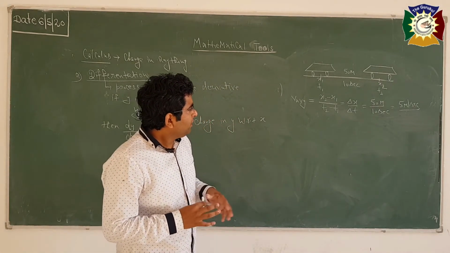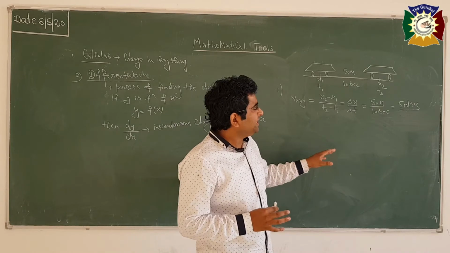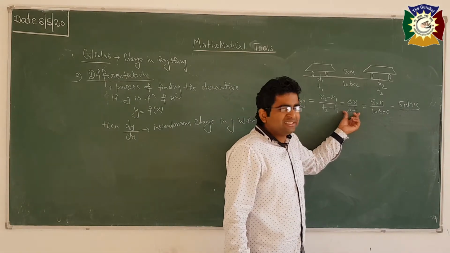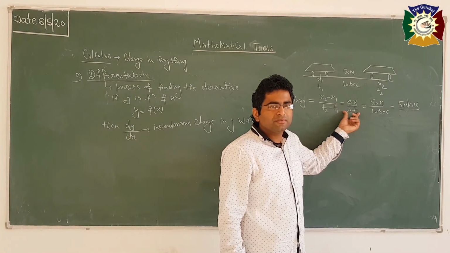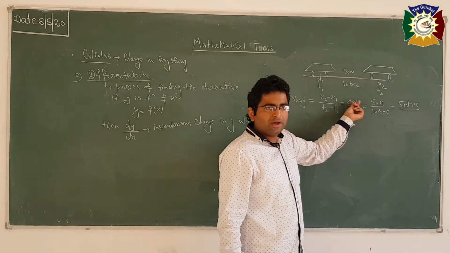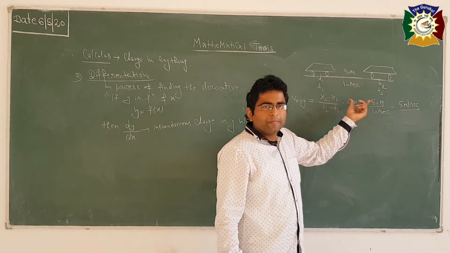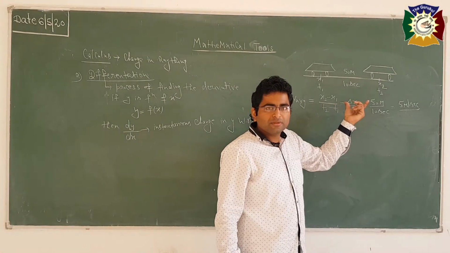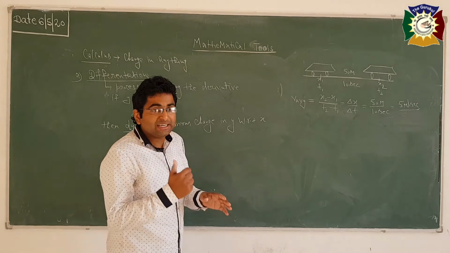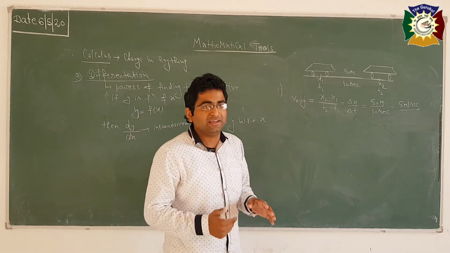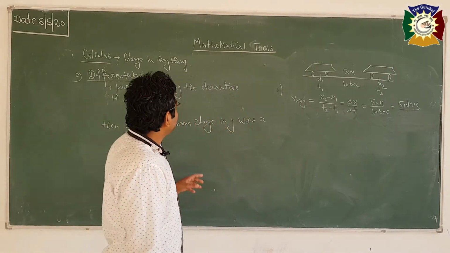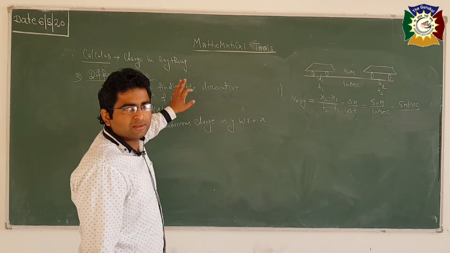If you want to know the speed at any time t, suppose at the 3rd second, then you have to make this interval very small, and for this very small interval you will get the change in the value of x. That is differentiation. If someone asks about the instantaneous speed at any time t, then it comes in the category of differentiation.